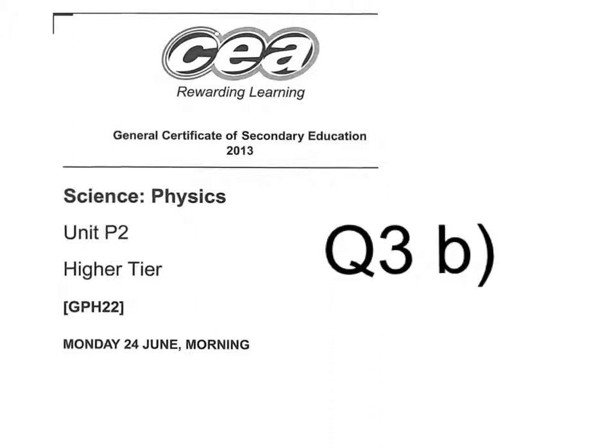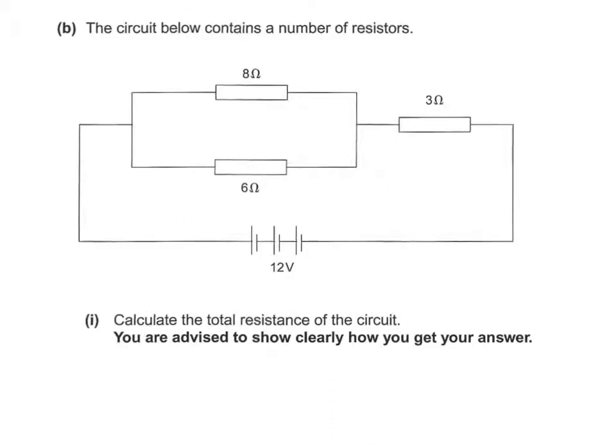The question we're going to look at here is 3B from 2013 Unit 2 on the CCEA paper for GCSE. So they show you a circuit, and as you can see, they're giving us the voltage that's put across this circuit, and the circuit consists of a parallel section in series with a single resistor.